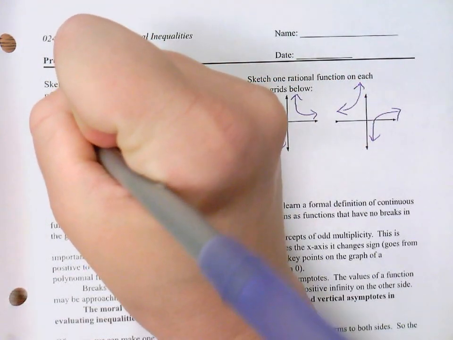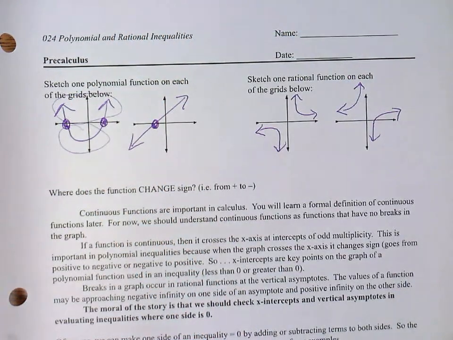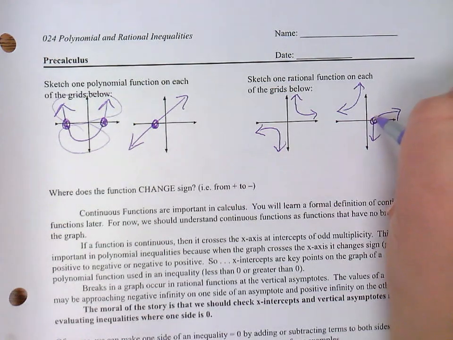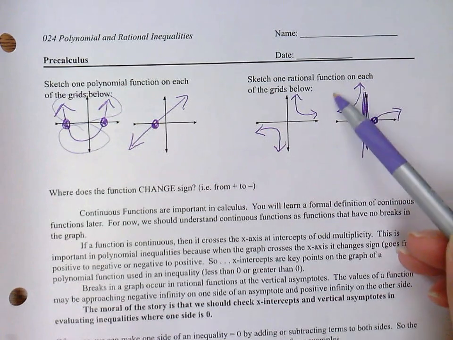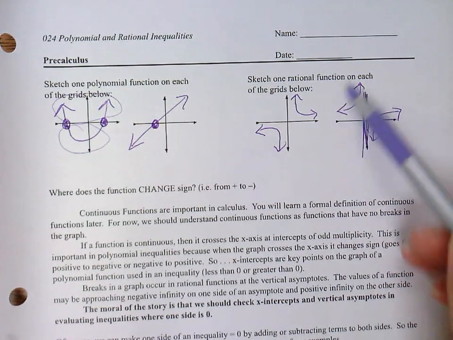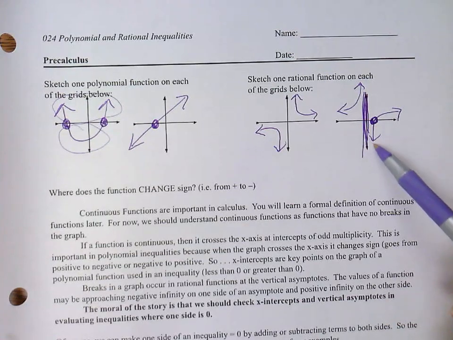It changes sign at the x-intercepts for polynomial functions, and it changes sign also at x-intercepts for rational functions, but also at asymptotes. So all of these y values were positive, jump the asymptote, now all these y values are negative down here.